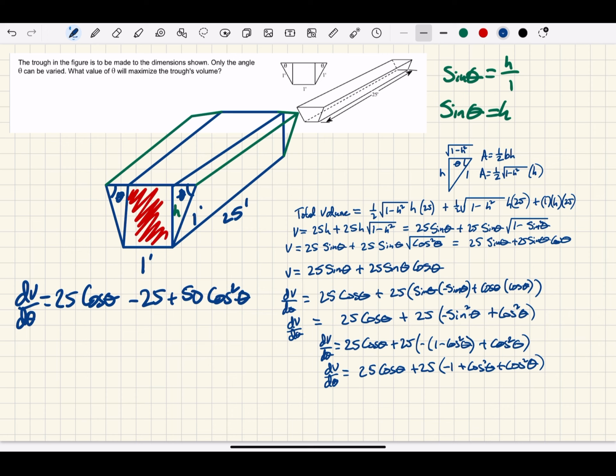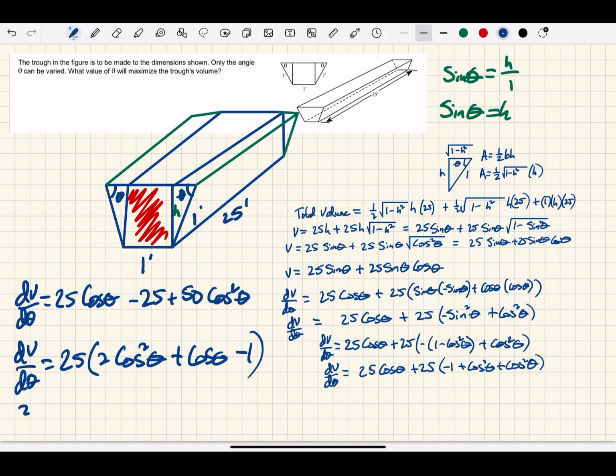We have a common factor of 25, so we can factor out a 25 and rewrite these in an order that we might find more convenient to work with. So we'll put the cosine squared first, so 2 cosine squared plus cosine theta minus 1. Now we should set that equal to 0.